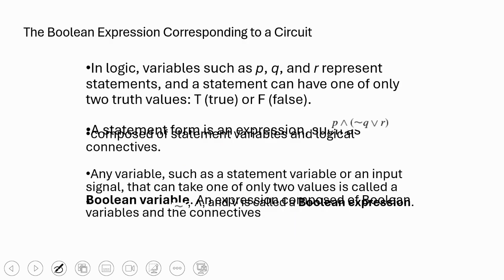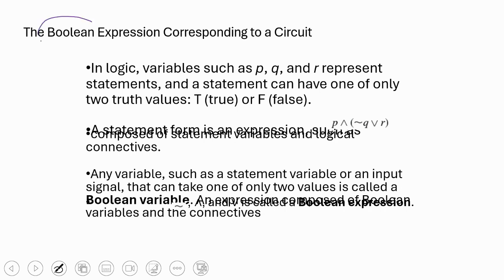Okay, I don't know why this slide is kind of messed up, but it's basically talking about something we call Boolean variables. A Boolean variable is simply what we've been talking about, where there are only two values that the Boolean variable can take: true, false, 1 or 0.